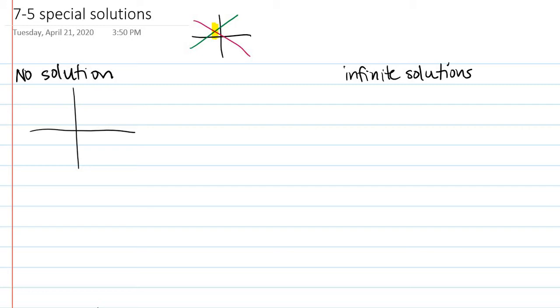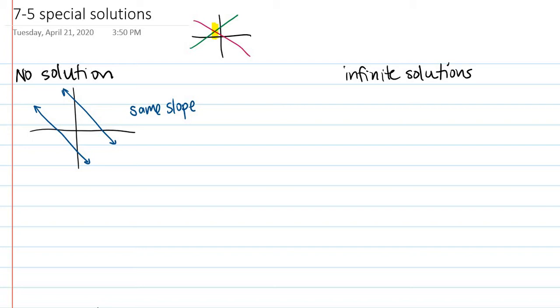And remember that parallel lines have the same slope. Same slope. So if the two lines in question have the same slope, they're never going to intersect, which means that they will never have a coordinate pair where they intersect. They will never have a solution. So that's what it means to say that they have no solution.